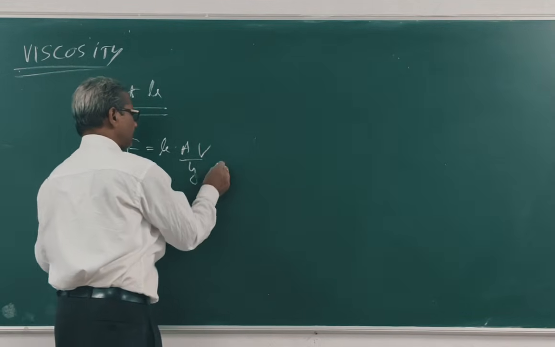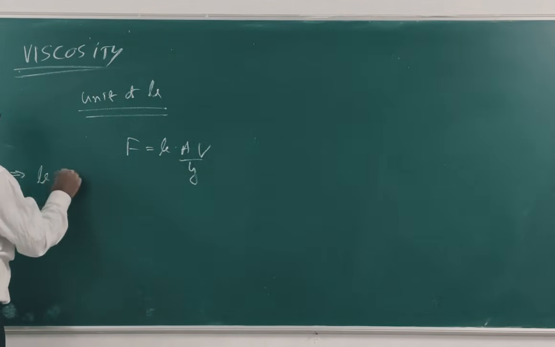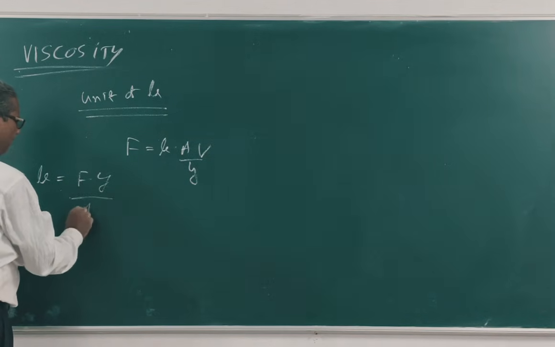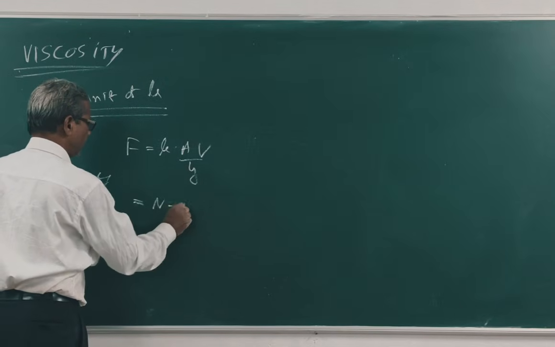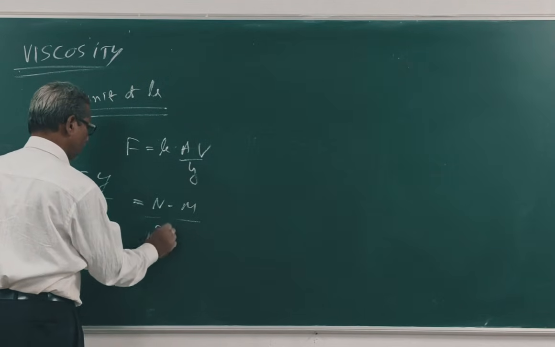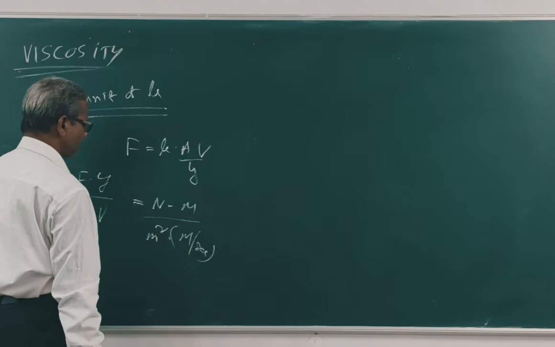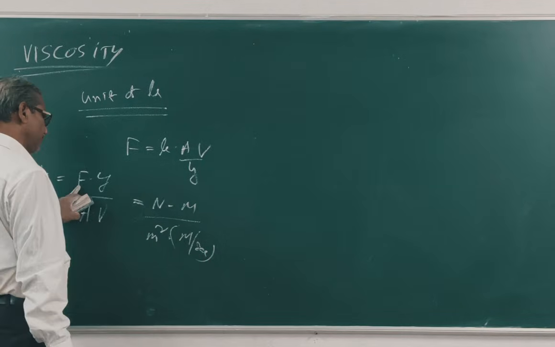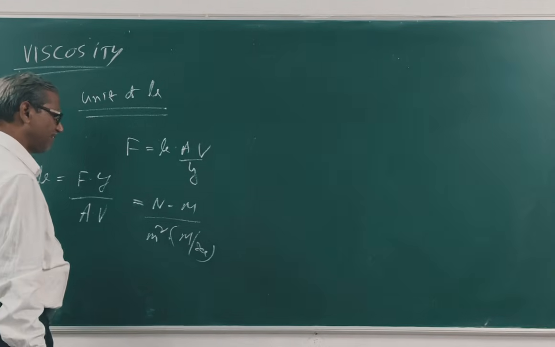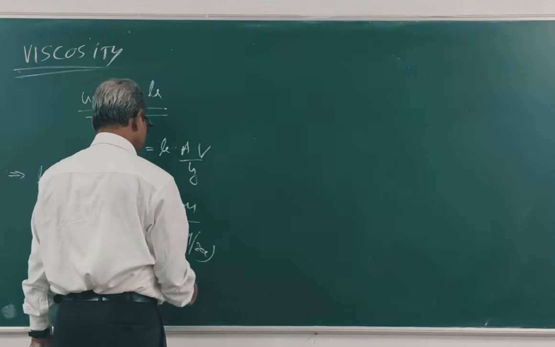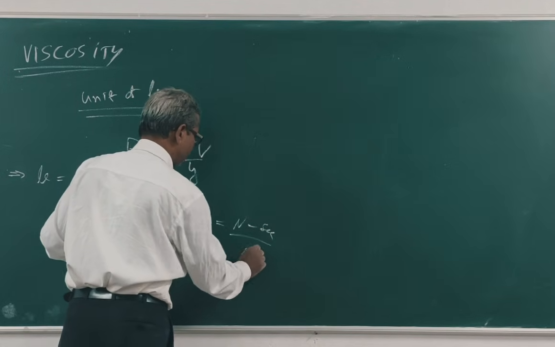This implies mu is equal to F y by A into v. What is F? Newton, meter by meter square into meter per second. Clear? Cancels. Newton second per meter square.